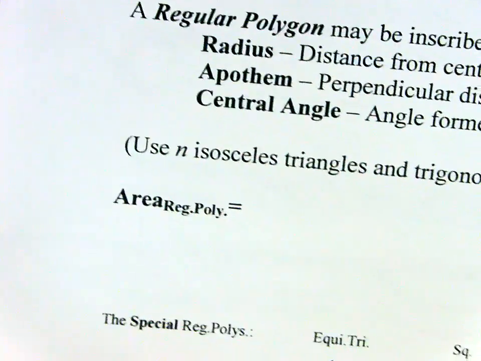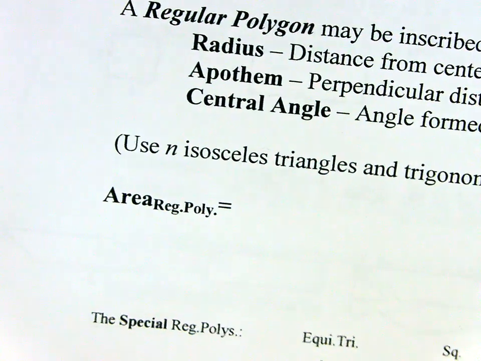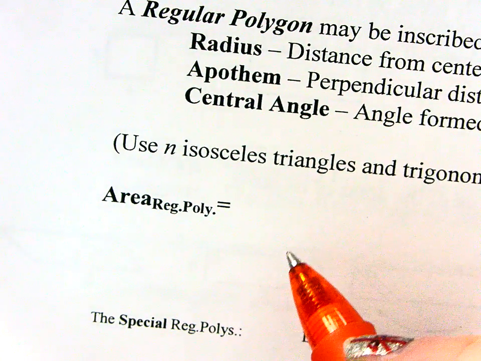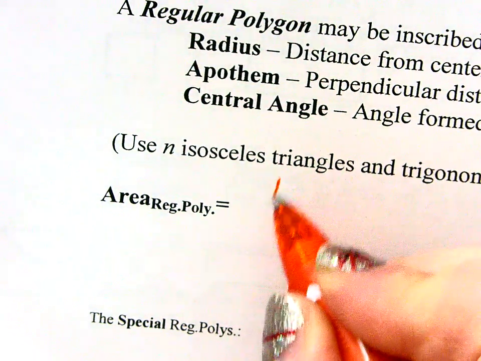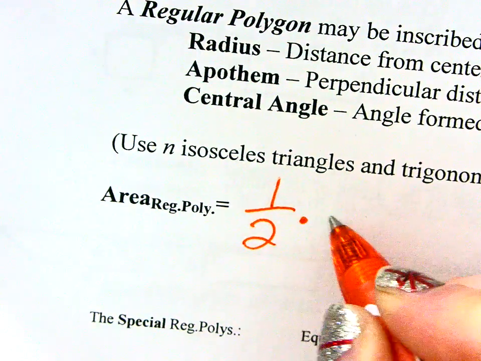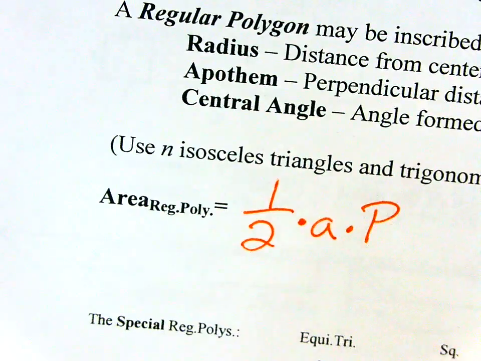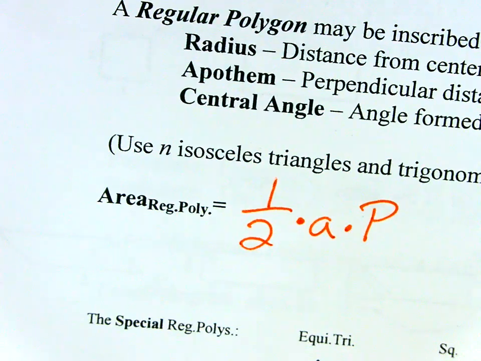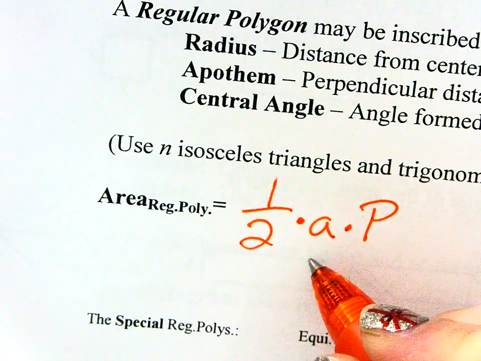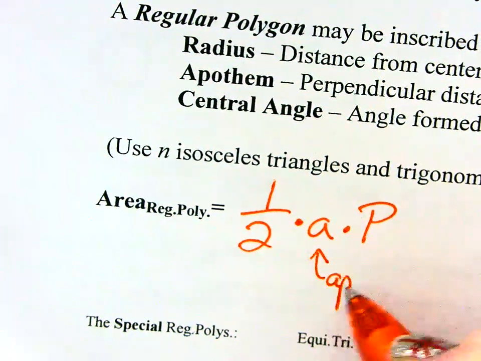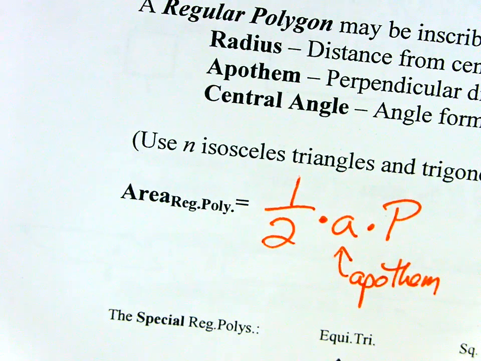Everybody know it from the work that you've done? No? That's okay. Here it is: one half little a times capital P. What do you suppose little a is? Yes, the apothem. Whatever the length of that apothem is, that's going to go in for a.